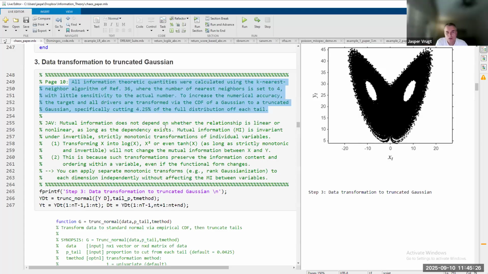But I don't know if this is covariance. Sorry, it's just that we take the samples left and right in the tails, and we just truncate the distribution.